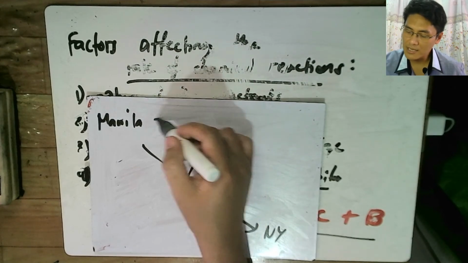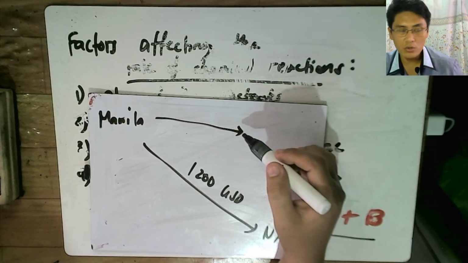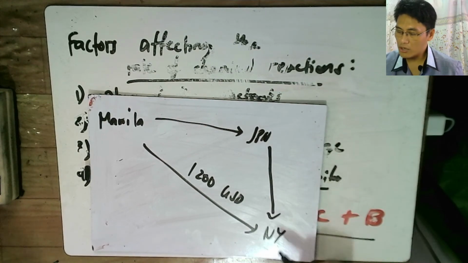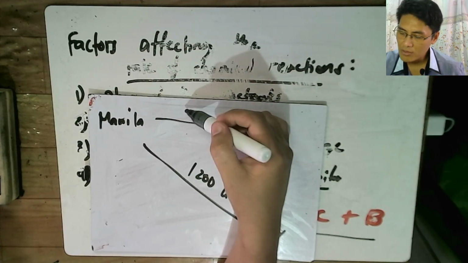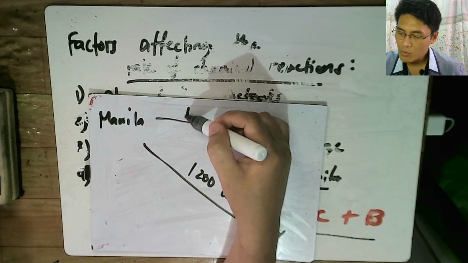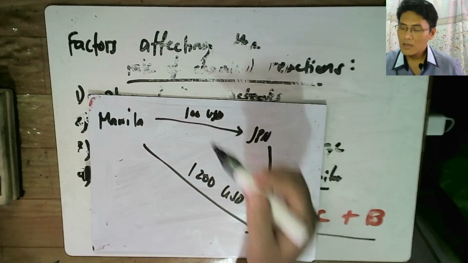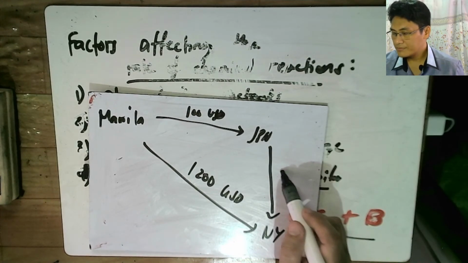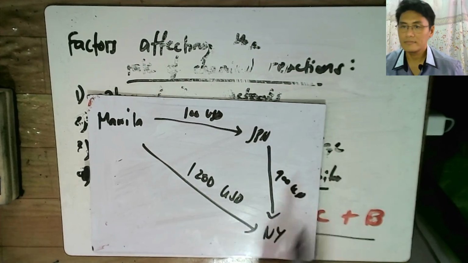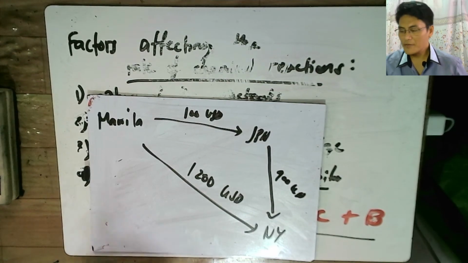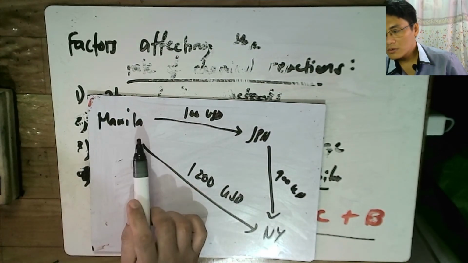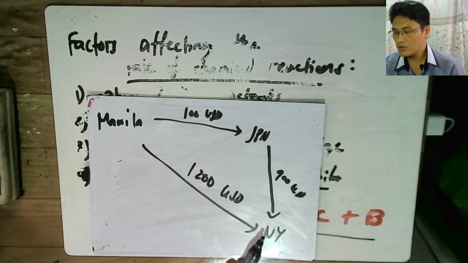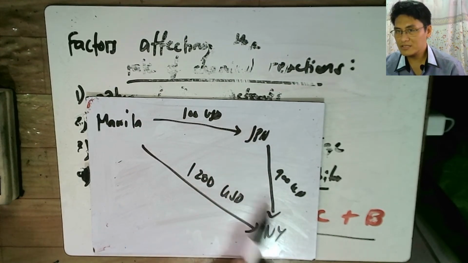That option is Manila, stopover in, let's say, Japan, and then Japan to New York. But Manila to Japan only costs, I don't know, 100 USD. And then Japan to New York costs 900 USD. Again, just an example. If you notice now, if you took the connecting flight, Manila to Japan and Japan to New York, you would spend $1,000 only.